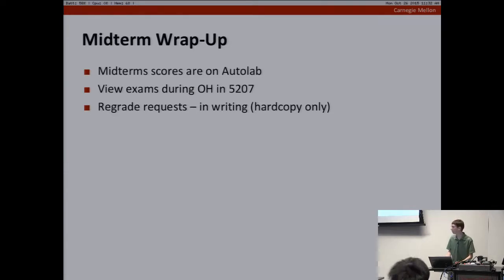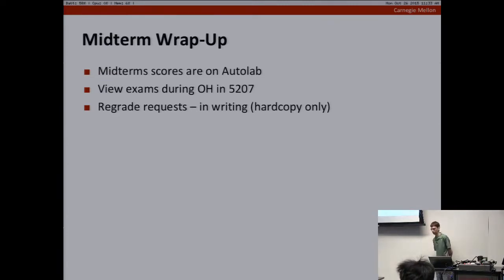anything. And if you want to make a regrade request, if you feel that you should have gotten credit for an answer and it didn't give you credit for it, or that the credit it gave you was wrong in some way, then you can submit a hard copy written request to Professor O'Halloran. You should do that this week.